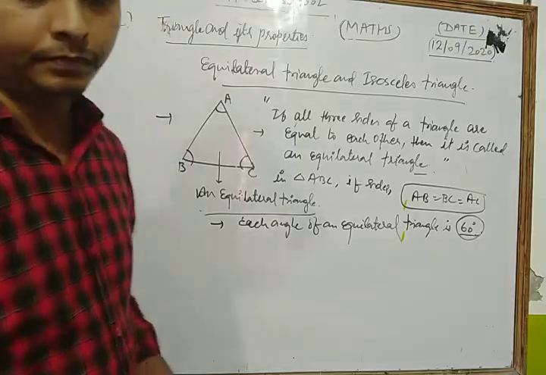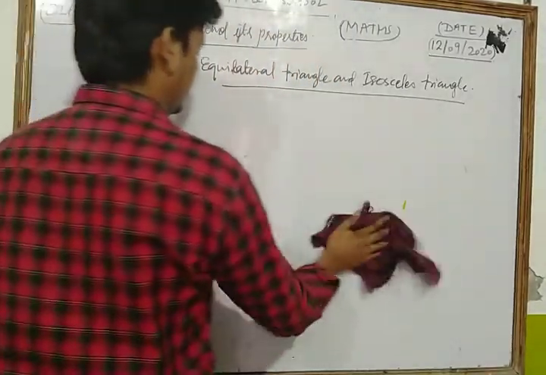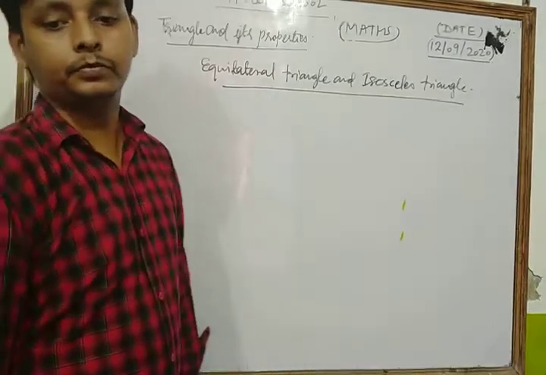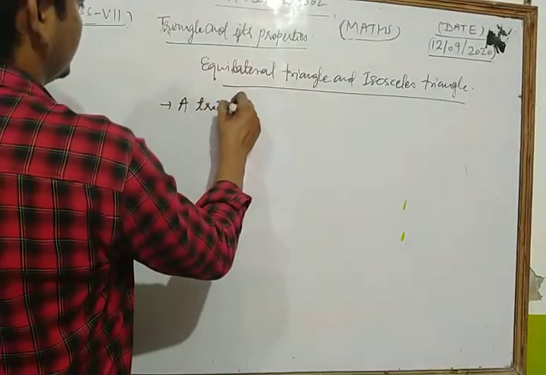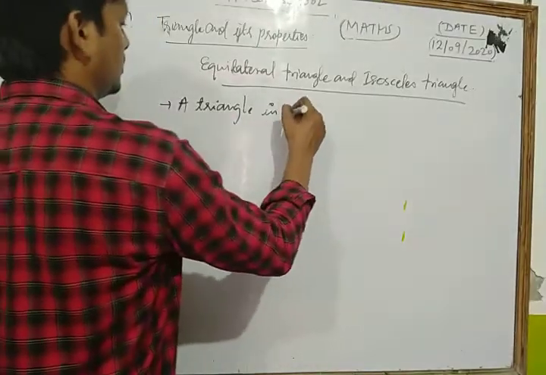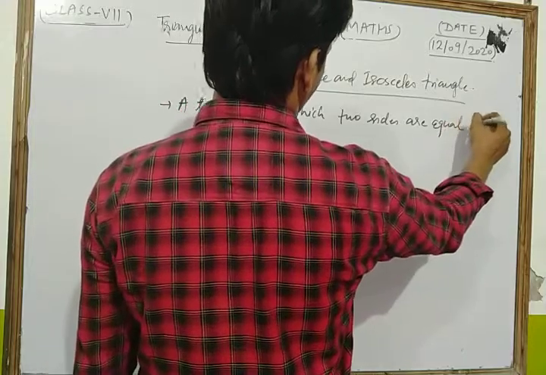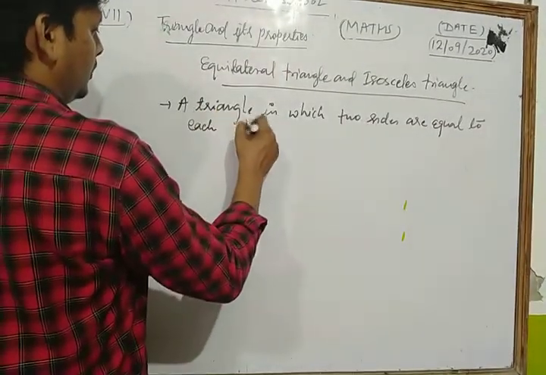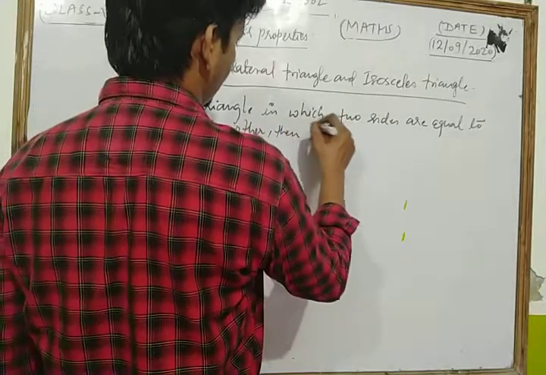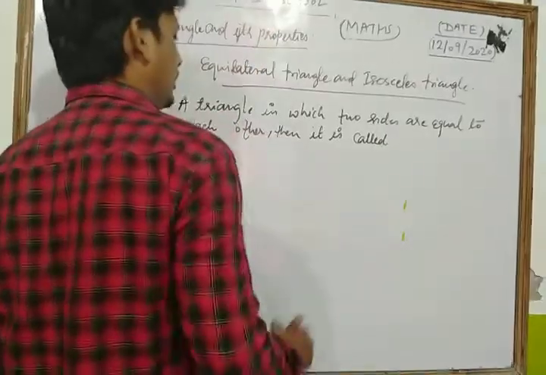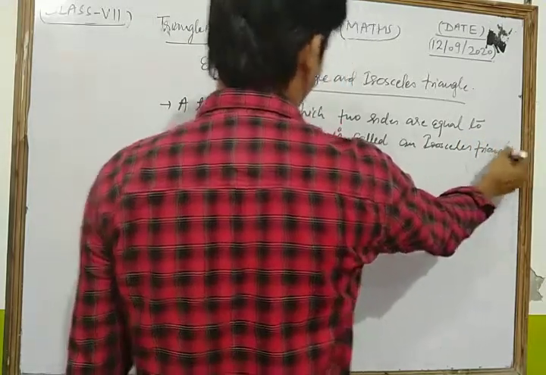Let's see. A triangle in which two sides are equal to each other is called an isosceles triangle.